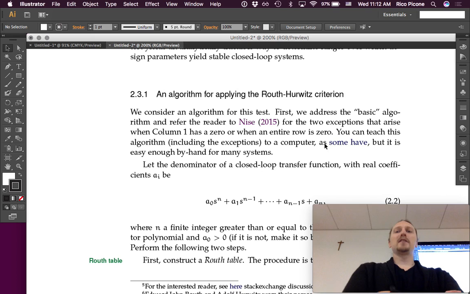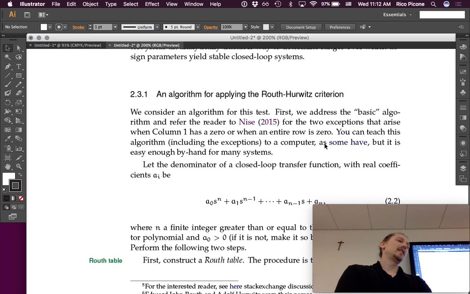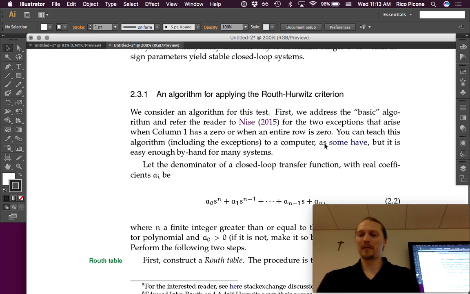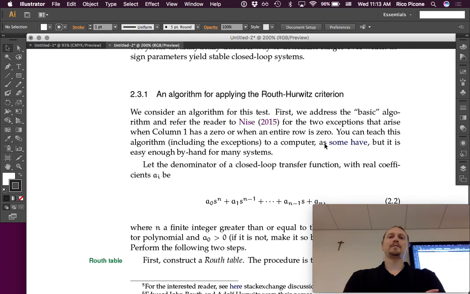I would say this is how I like to keep reiterating the fact that we shouldn't become experts at stuff computers can do, because we're not going to have any value as engineers if all we can do is execute an algorithm, right? That does not make us useful anymore.